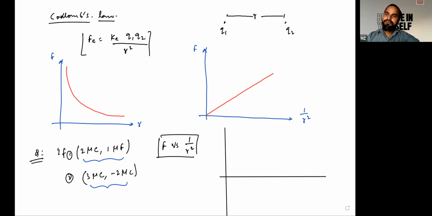Is it having a positive slope or negative slope? So positive slope for the first one, negative slope for the second one.